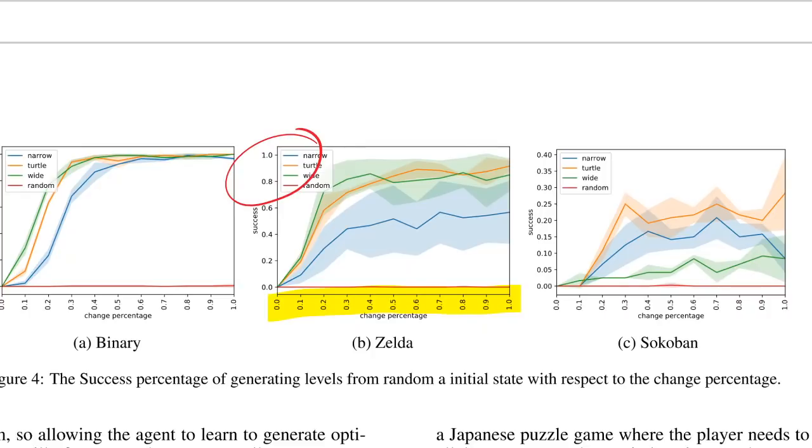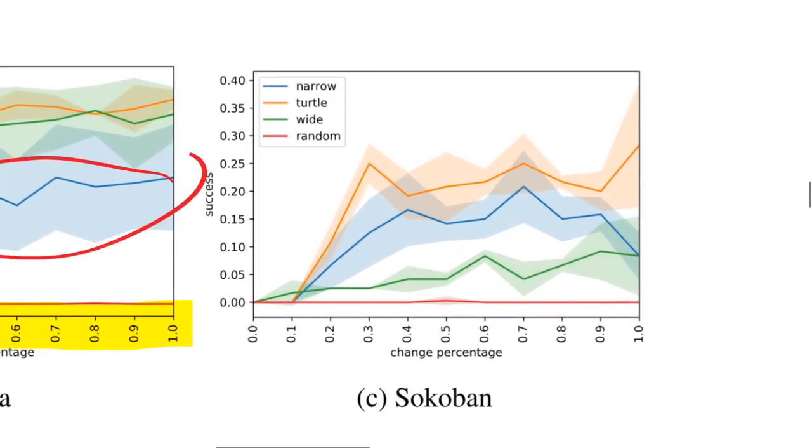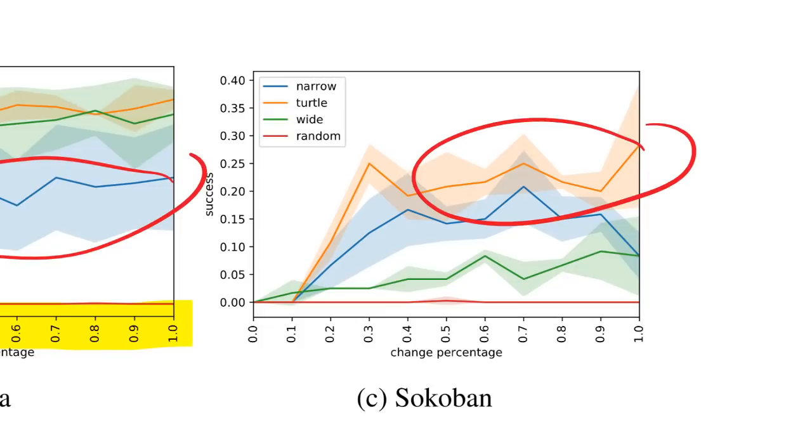And now this, as I already said, this narrow representation appears to be a bit less powerful than the others. Interestingly, in Sokoban, the best one is this turtle representation, where you can only change 1 tile at a time, and not the more powerful wide representation.